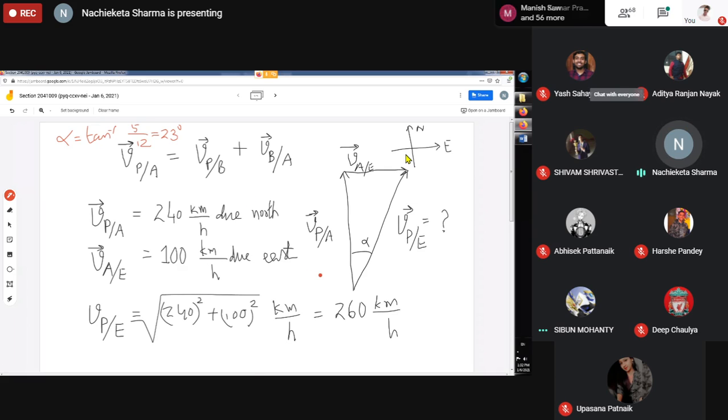So you have to write that for a person who is standing on the earth, for him the plane is moving with a speed of 260 kilometer per hour, not in the north direction, but in a direction which is 23 degree east of north.